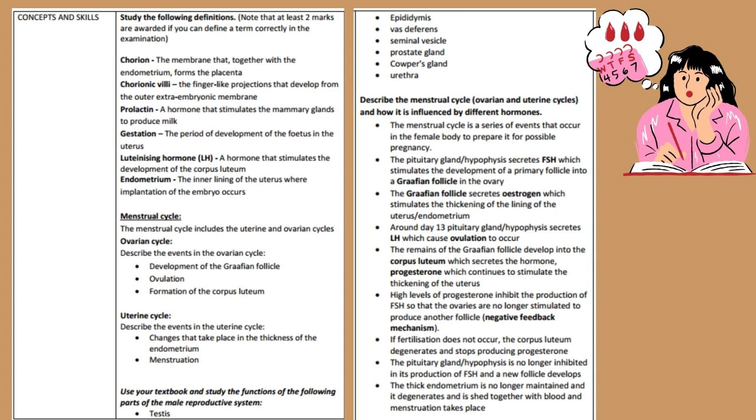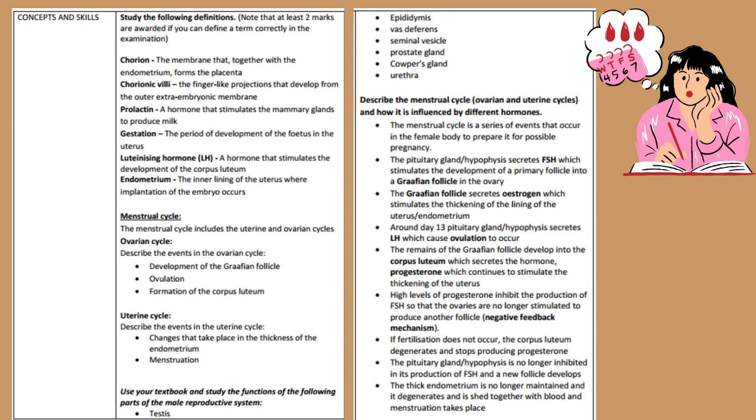Describe the menstrual cycle, ovarian and uterine cycles, and how it is influenced by different hormones. The menstrual cycle is a series of events that occur in the female body to prepare it for possible pregnancy. The pituitary gland/hypophysis secretes FSH which stimulates the development of a primary follicle into a Graafian follicle in the ovary.